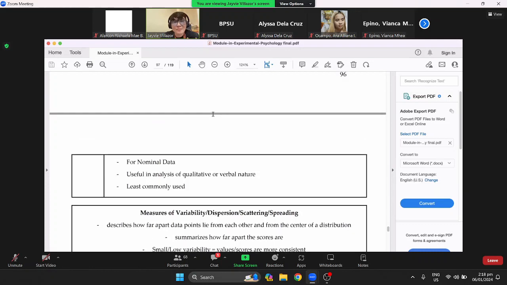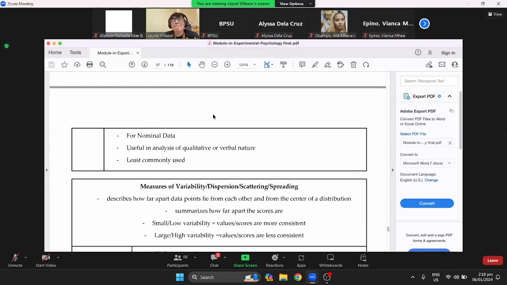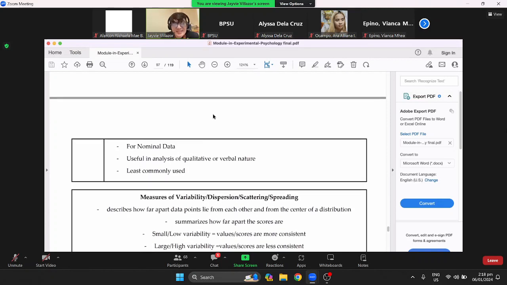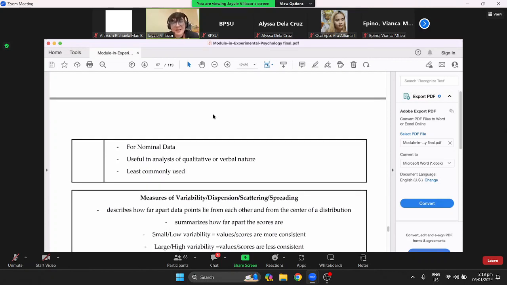Let's say, for example, the scores are 10, 10, and 10. Can you follow? If your scores are 10, 10, and 10, what is the average? 10, right? Sorry, I'm not very good at math. So when your scores are 10, 10, 10, the average is 10.